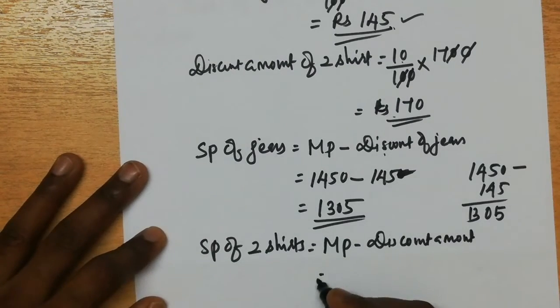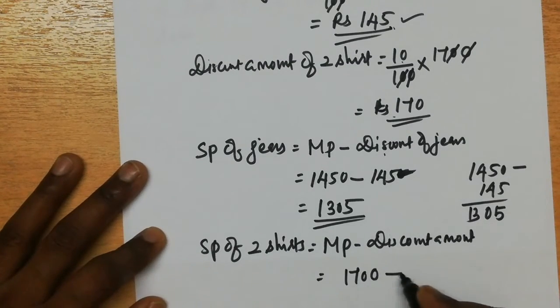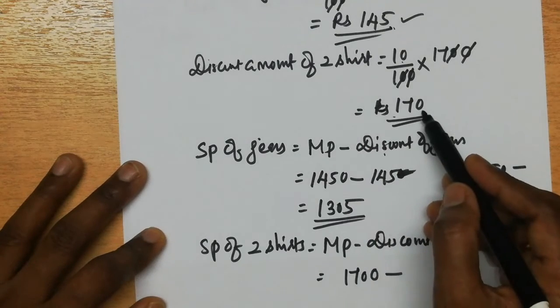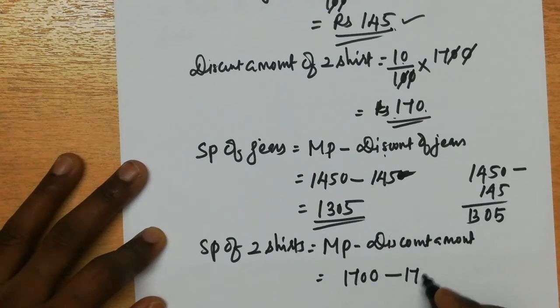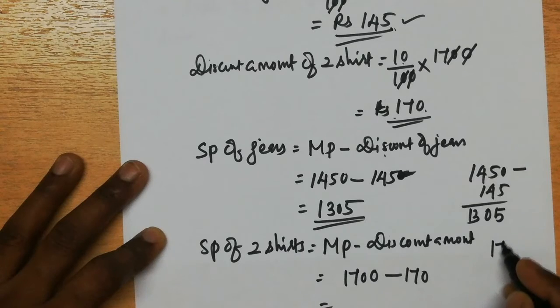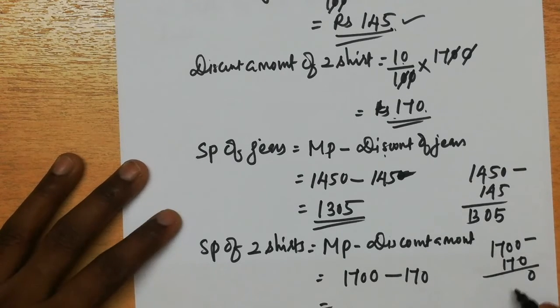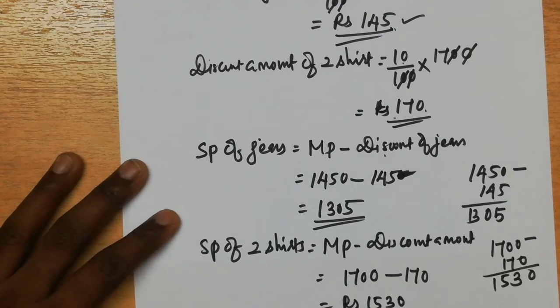So we will write 1700 minus the discount amount, which is 170. So we find 1700 minus 170. 0, 10 minus 7 is 3, then 6 minus 1 is 5, then 1. So rupees 1530 is the selling price.